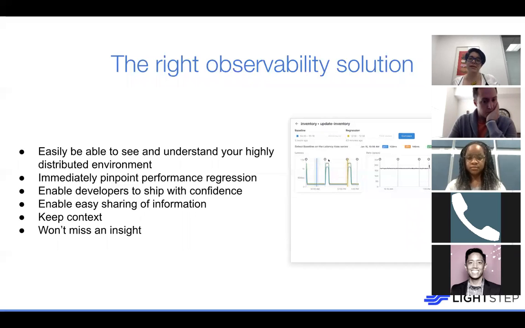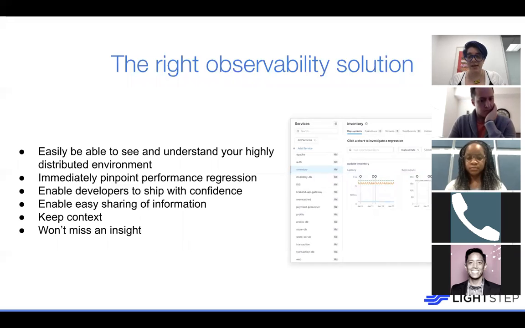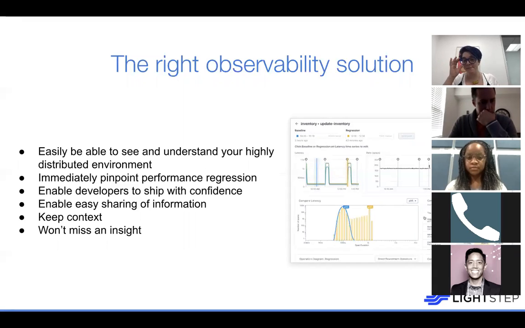I also really like this idea of context, because if you've ever been called in to help someone else with a bug, something they've been struggling with, the majority of your time is spent getting up to speed because you don't have the context.